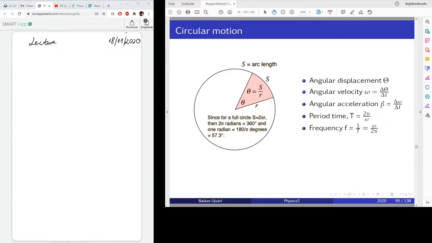Let's go back to translation. If a body is at x equal 2 meters, you can say it is here. At theta equal pi, you can say it's here.